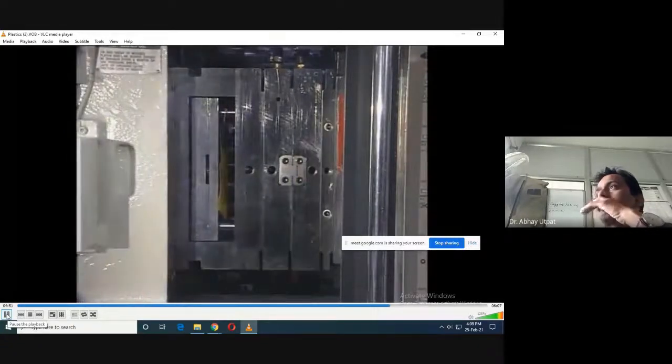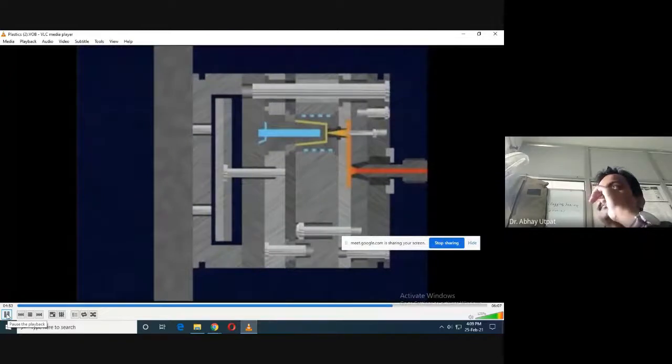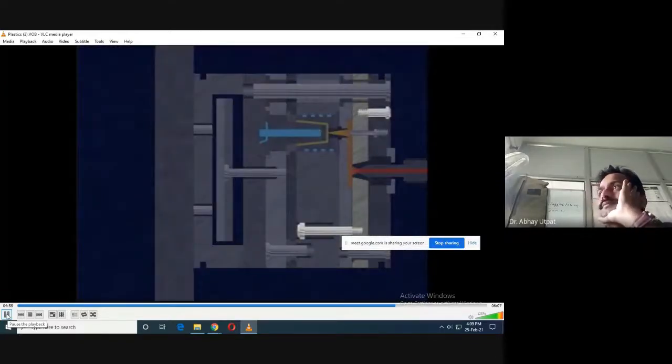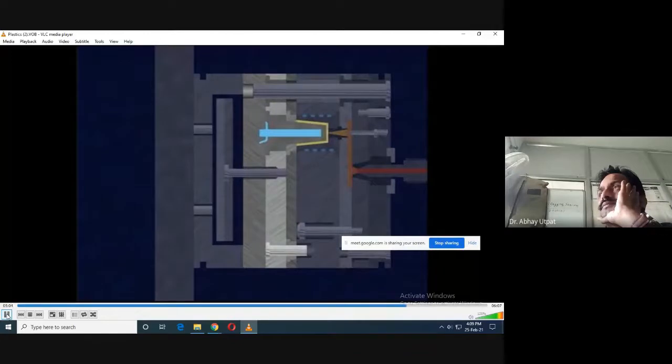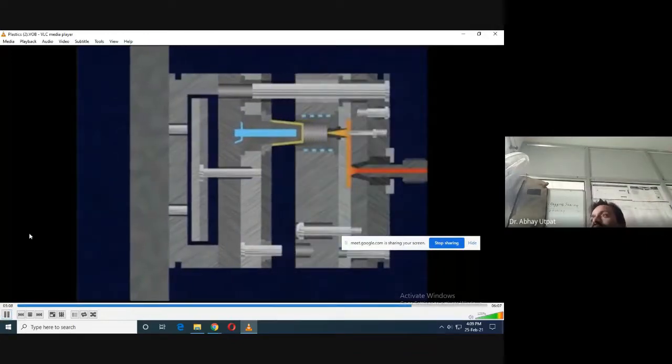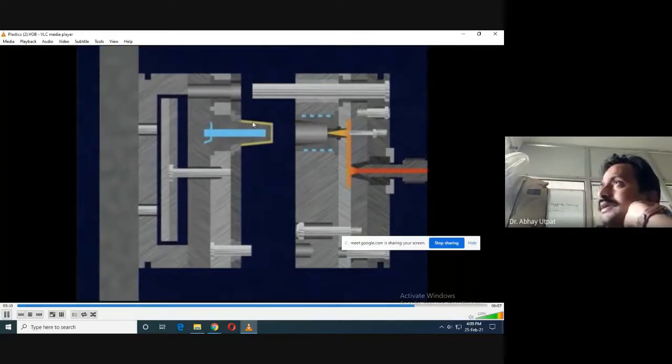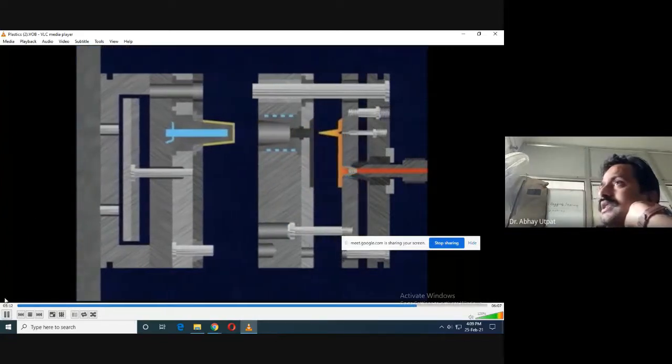Three plate mold. This is the typical process where this yellowish part is the product. Three plate mold. Check.